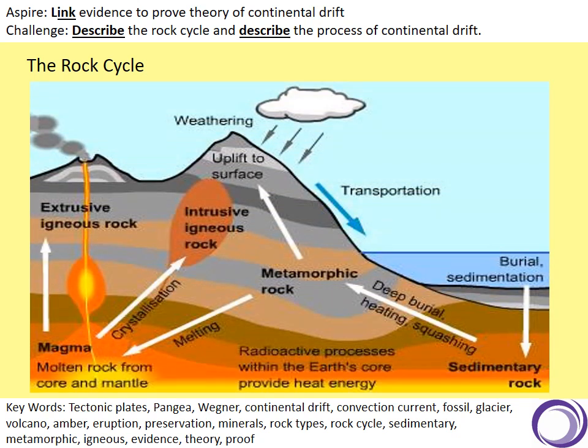So, in summary, the rock cycle is a continuous dynamic process. Constantly, rock is being weathered and eroded, transported, buried and turned into sedimentary rock. At the same time, both igneous and sedimentary rock are being acted on by the heat from the planet and pressure from above and being turned into metamorphic rock.